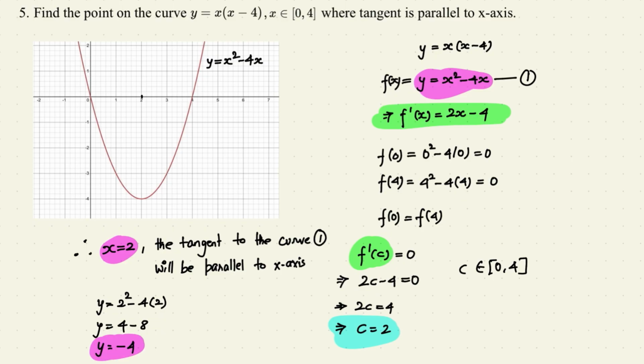Therefore, the required point is 2 comma minus 4. And in the graph also it's clear that at this point, that is 2 comma minus 4, if I draw a tangent, then that tangent will be parallel to the x-axis.